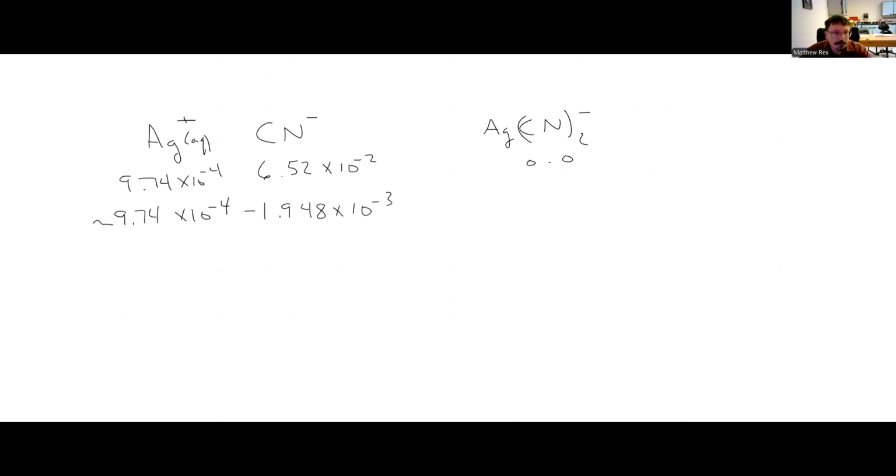We're going to lose that. We're going to be left with X amount of silver. We're going to form right around that much of the complex. So then 6.52 times 10 to the negative 2 minus 1.948 times 10 to the negative 3 gives us 6.325 times 10 to the negative 2. So we have everything we need to put into our K sub F.